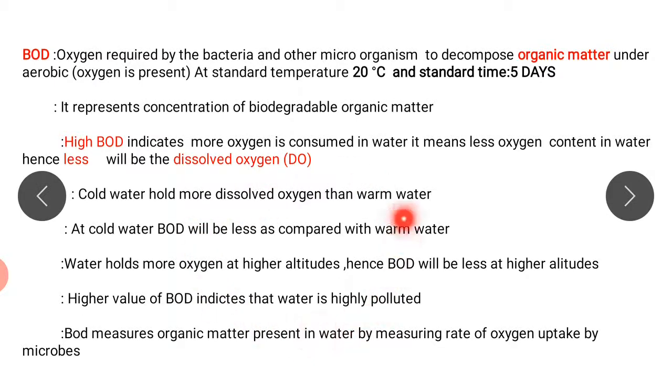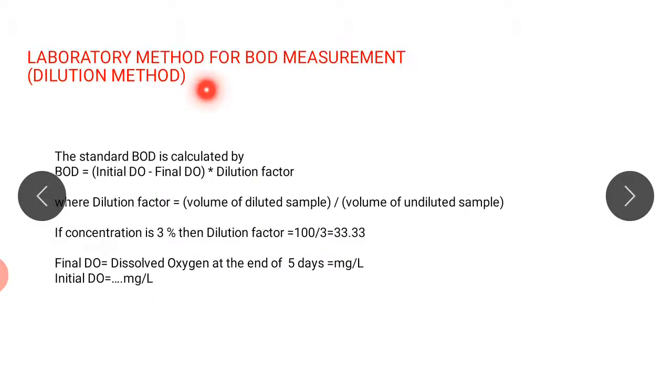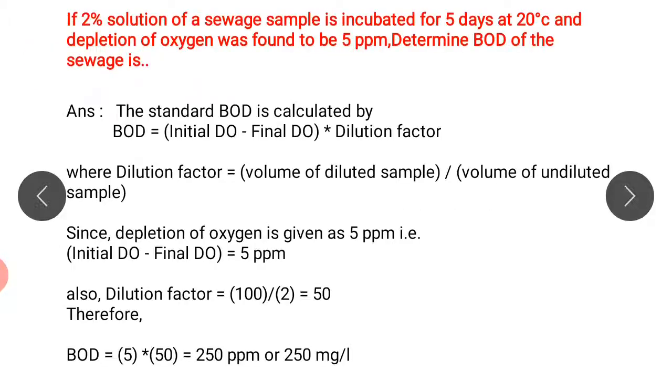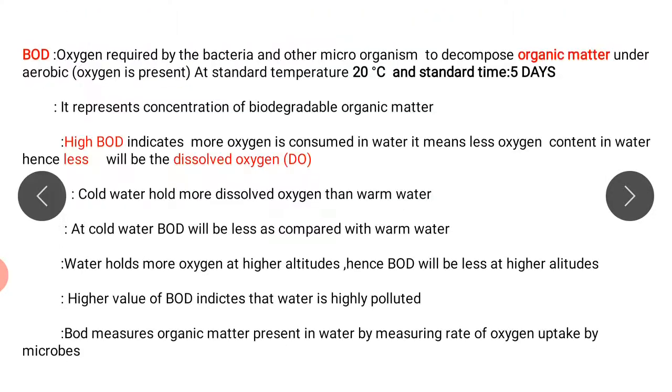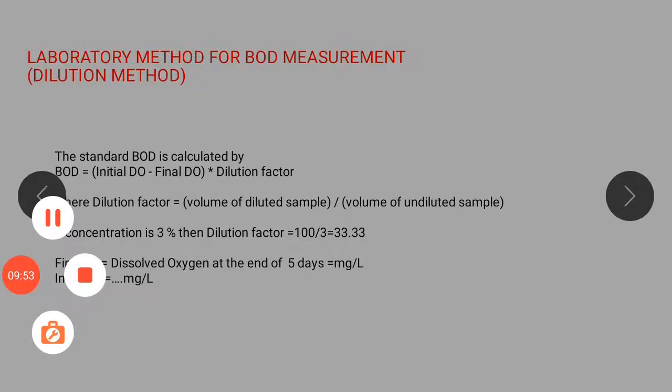So these are very important points and sentences which are to be remembered, so that further analysis will be easier when we are going to have some laboratory methods and numerical problems. If you are clear with this concept, then the analysis part will become easy.